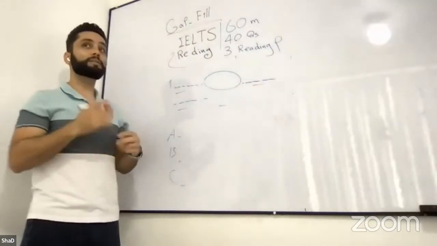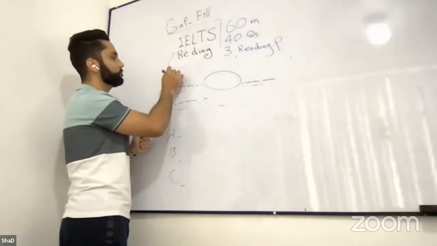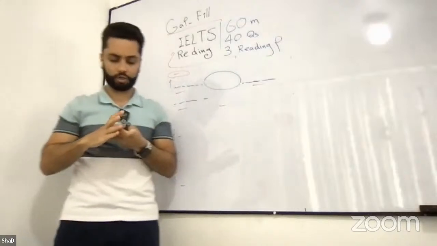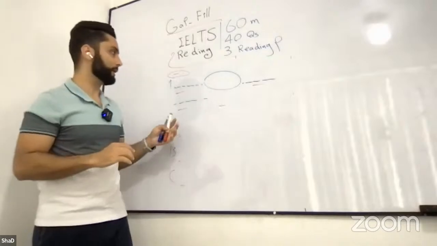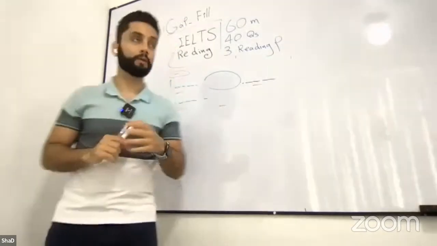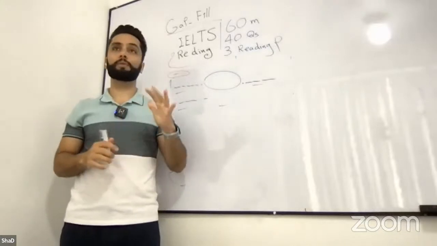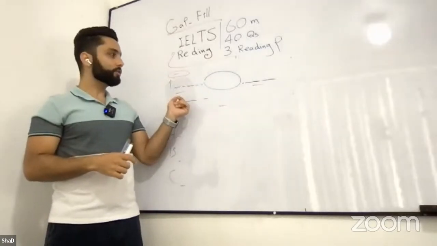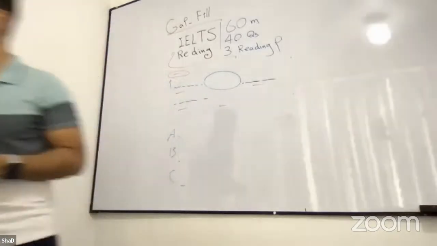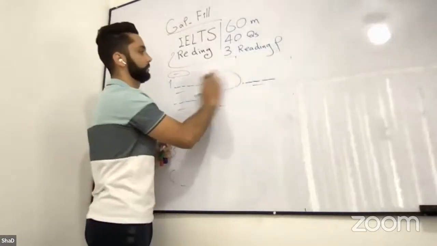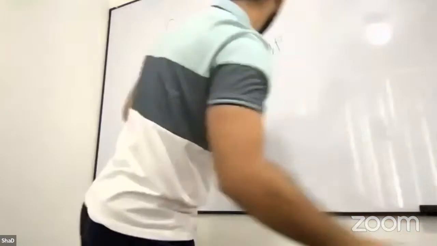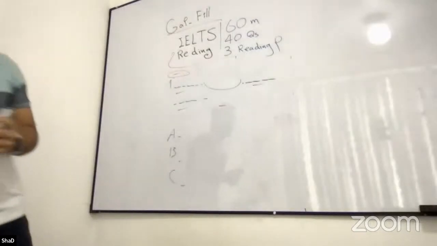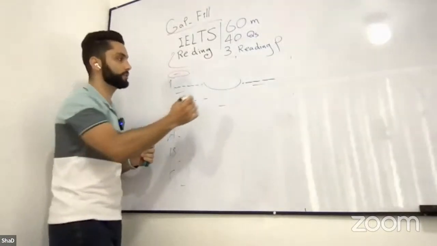All right. The other thing that you have to realize is the instruction. There is going to be an instruction before you answer the question. So what are the instructions? Normally, for a GapFill question type, the instruction gives you a couple of options. It can tell you you can write one word.